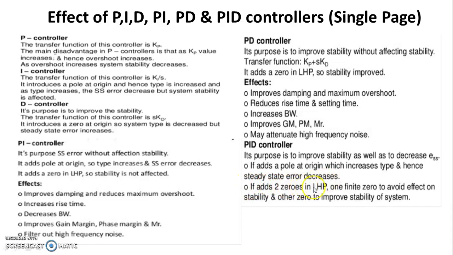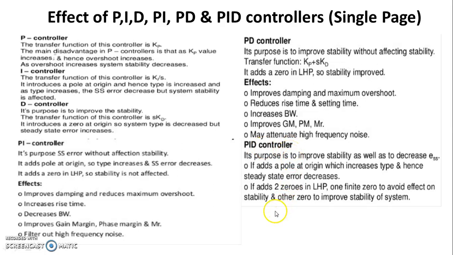It adds two zeros in the left half of the S plane: one zero is to avoid the effect on stability, the other zero is to improve the stability of the system. That's why, in industries as well as for domestic purposes, they mainly use PID controllers.